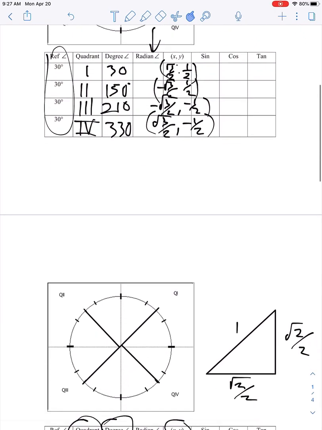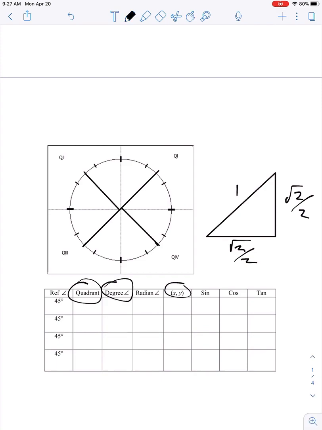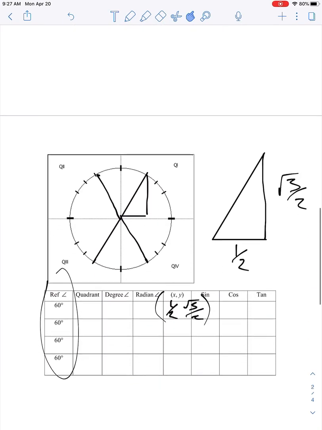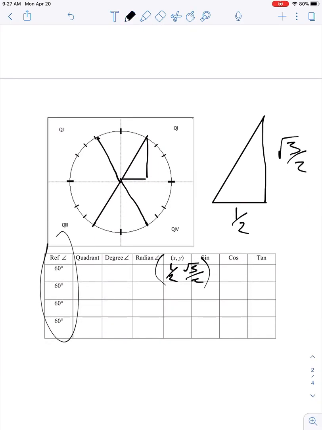Then your 45-degree reference angles, right? I want you to fill in this radian measure. We're eventually going to fill in all of these boxes here. And then go down to your 60 degrees and fill in your radians. So we're eventually going to have this memorized. The coordinates, the radians, the sine and cosine, the tangent, the degrees, the quadrants, everything. All right, very good.